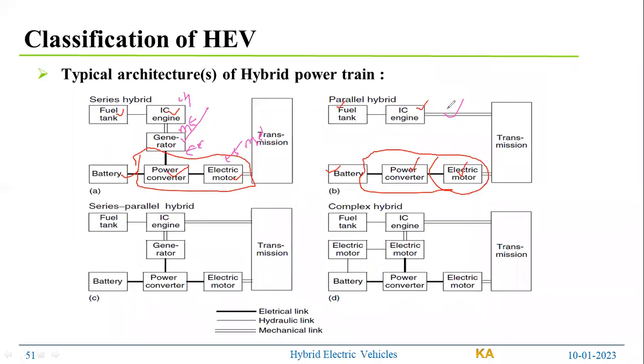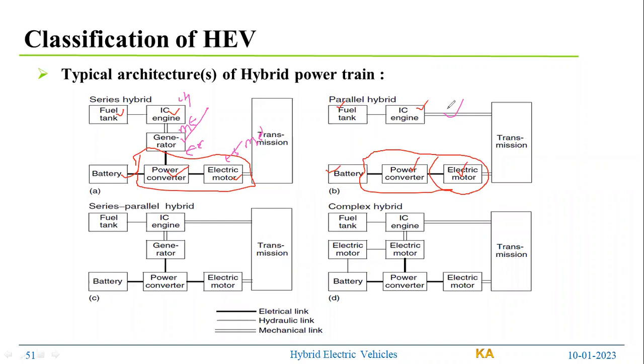For the same capacity, if I select parallel hybrid, the efficiency will be higher and the overall vehicle size will be reduced. And specifically, why we may prefer series hybrids is that it has good control, and heavy vehicles like commercial vehicles can also use this kind of architecture.